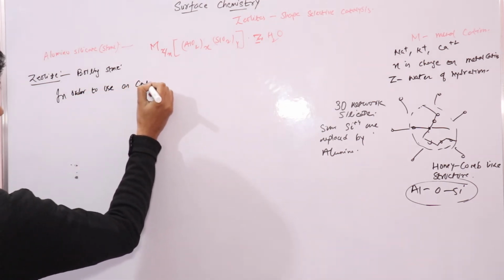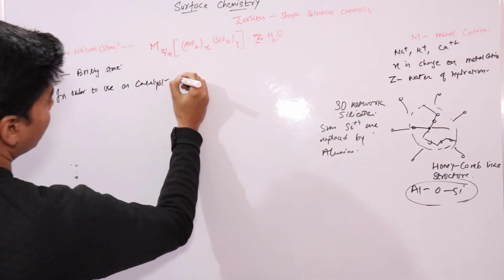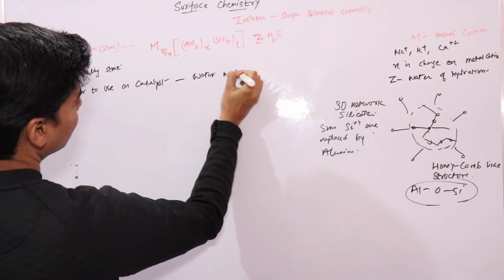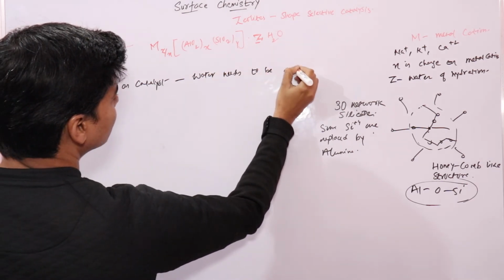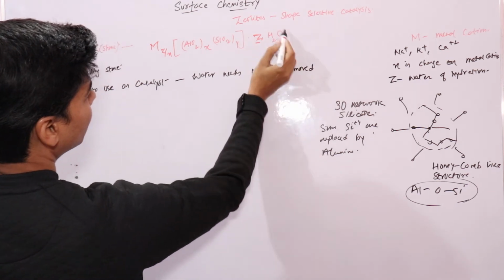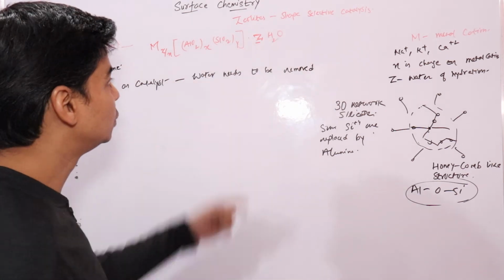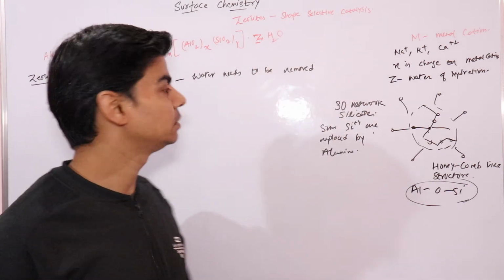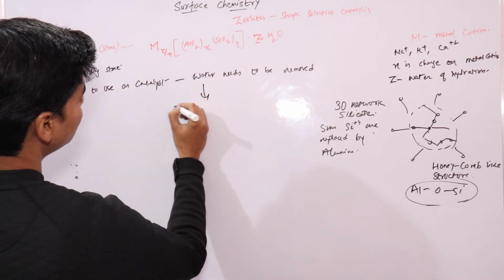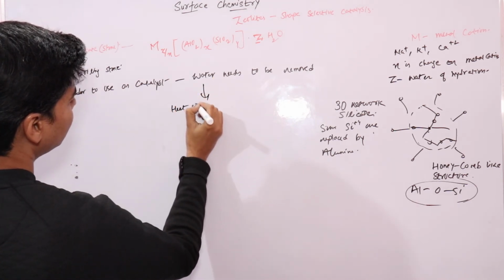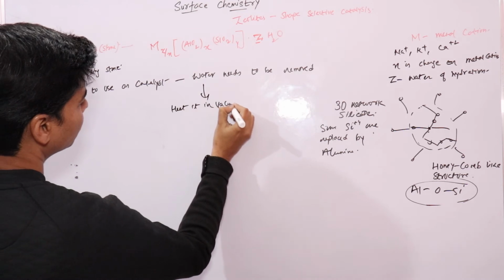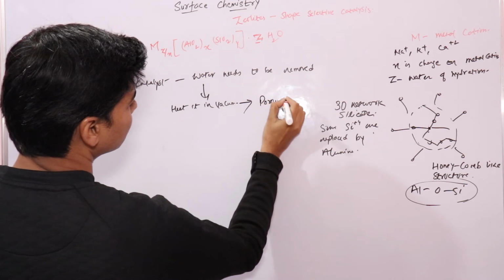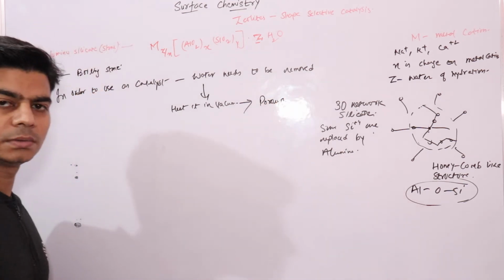We see that the general formula has these water molecules. So you heat this zeolite in vacuum to remove the water molecules. When you heat it in vacuum, it will become porous.